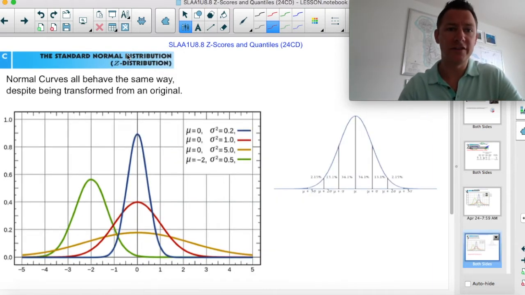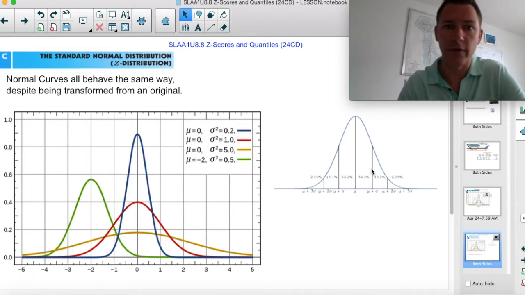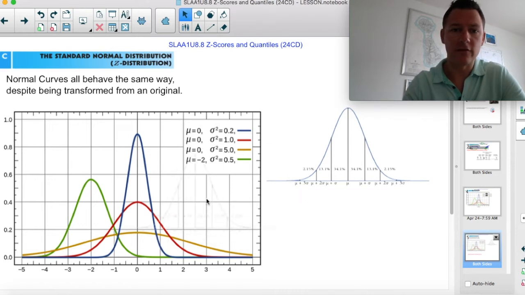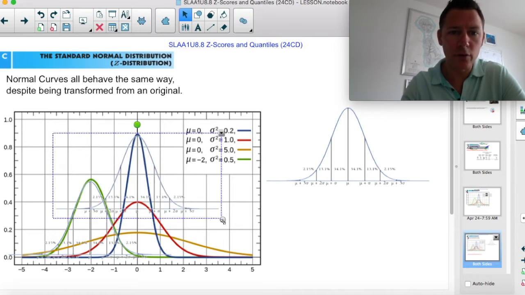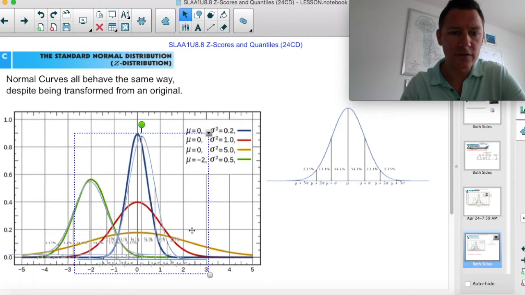Enter the standard normal distribution. There's only one curve, and we just transform that, right? This is the same curve, and we can make that look like that, which already fits pretty nicely there. But this one, if we did this again, we'd have to transform it rather aggressively to get it to sit in the right spot.